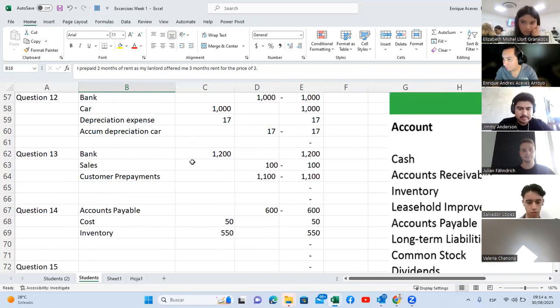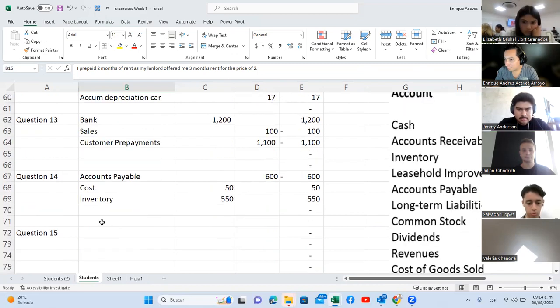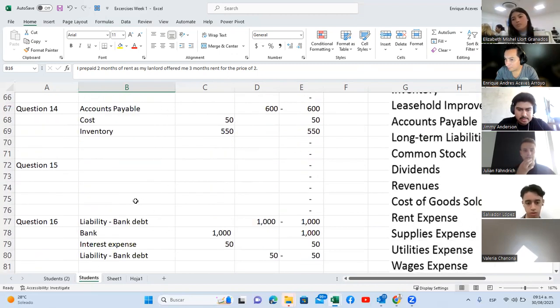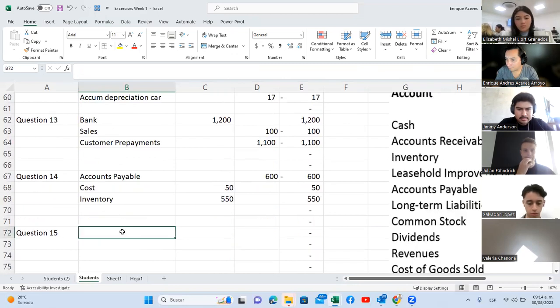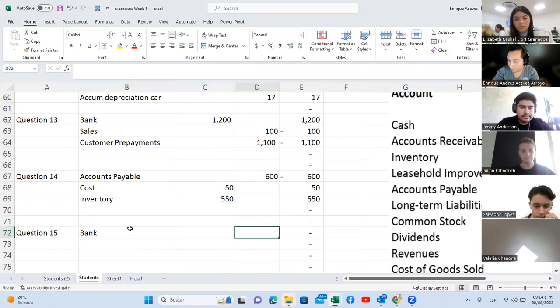It's customer. No, this is cost inventory. Yeah, okay, we don't have that one. It's bank. Debit the bank. It's $40. Rent expense.